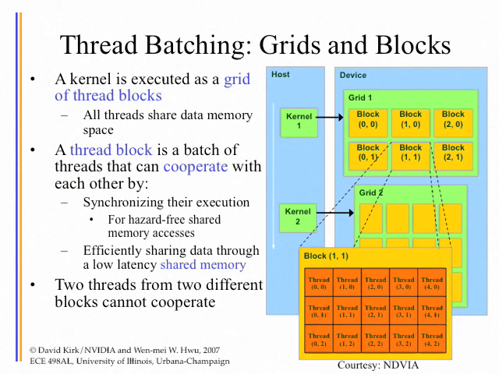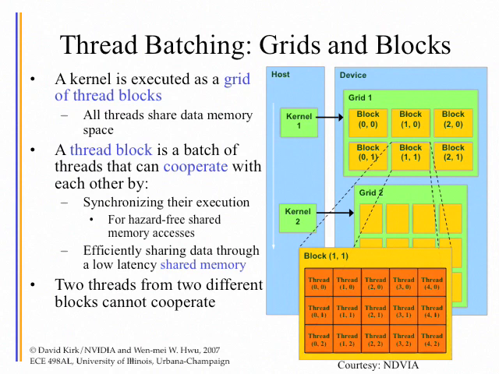So the blocks are organized into 2 dimensions, and within the block, threads can be organized into up to 3 dimensions. You can also organize them into 2 dimensions or 1 dimension according to your needs. That's portrayed here. This is an example where you have a 2-dimensional thread in a block.